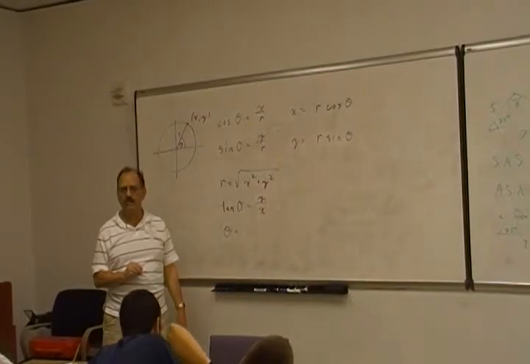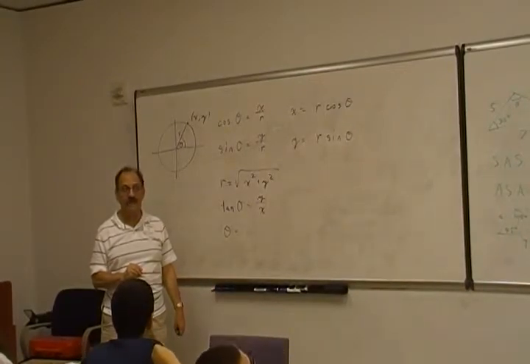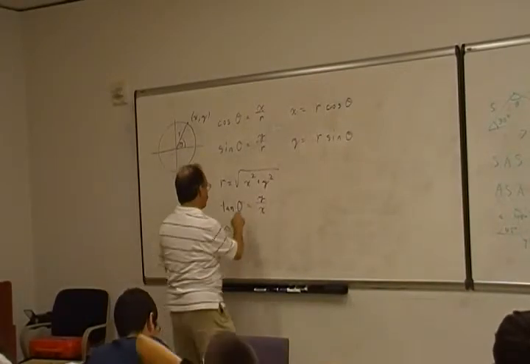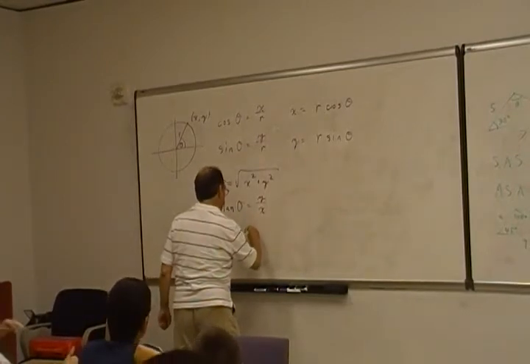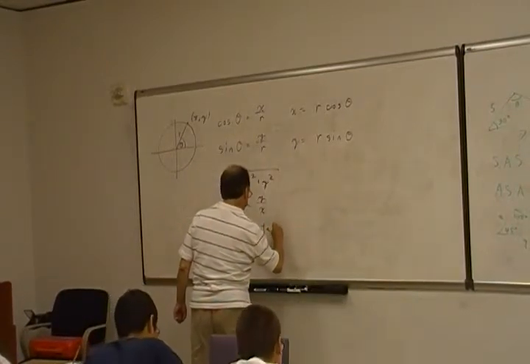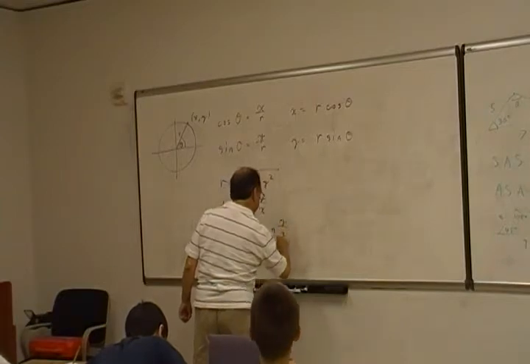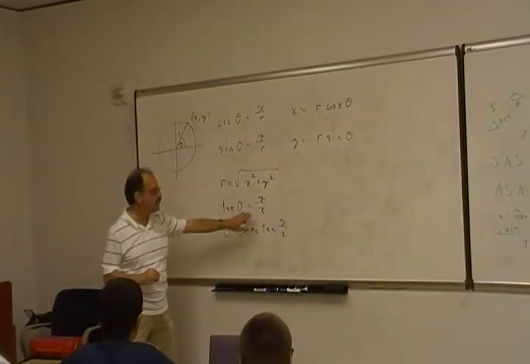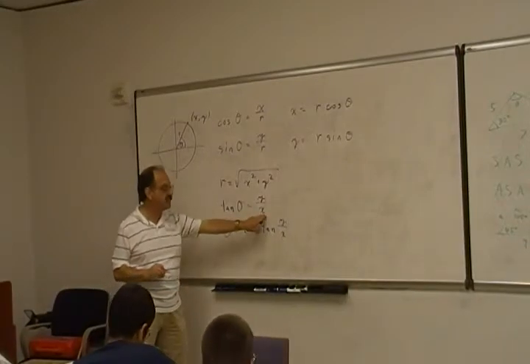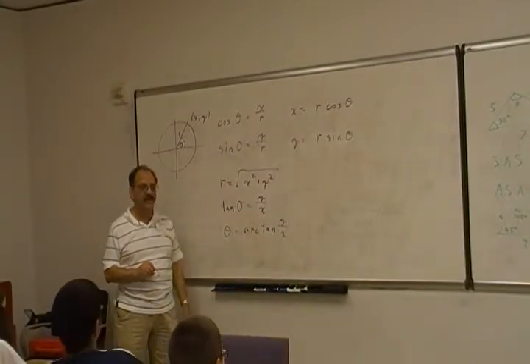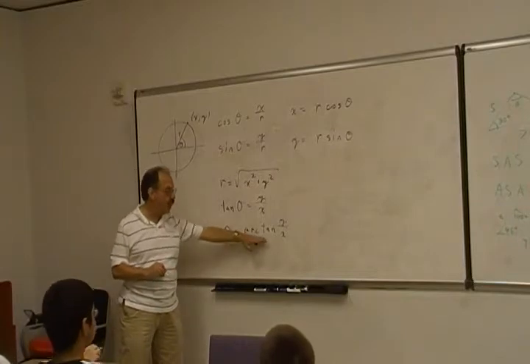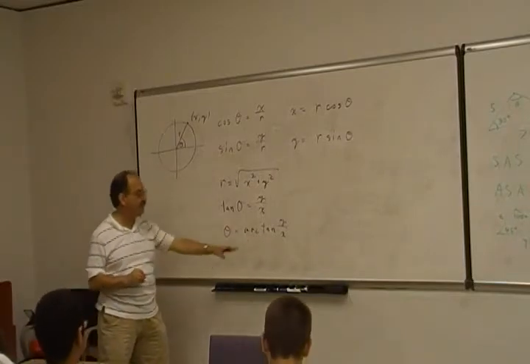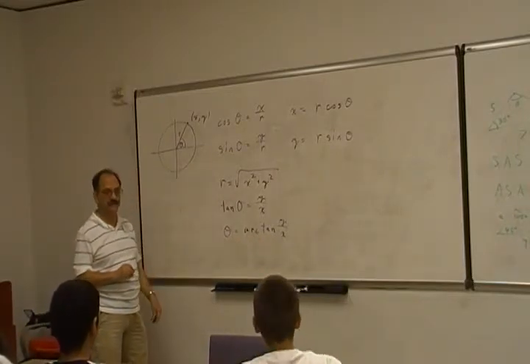Have any of you learned about inverse trig functions? I'm about to say it. Turning this backwards is called the arc tangent of y over x. If I give you an angle, you can compute the tangent. Given the tangent of the angle, I can ask what angle that is for, and that's called the arc tangent of y over x.